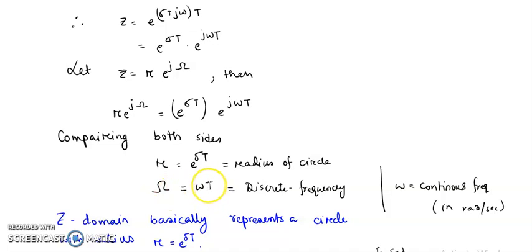This is the sampling time, and this is the angular frequency, and this r is the radius of the unit circle or ring which the Z transform will be using.